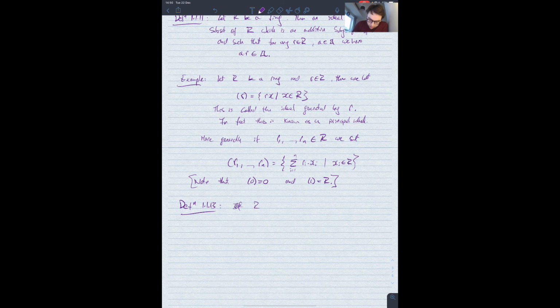Let R be a ring. If for every ideal 𝔞 in R, so this is my notation for an ideal in R, I probably won't distinguish between this symbol and this symbol.